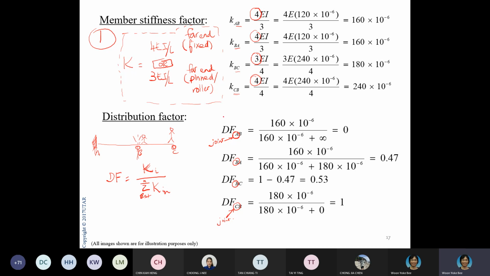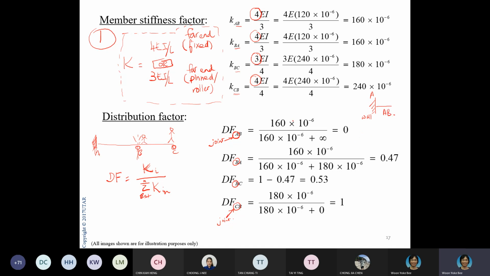So if I look at AB, remember that day I told you guys, if you're looking at joint A, in this case, joint A is like that. So when I'm looking at joint A, the two so-called members would be one is a wall, and the other one is your beam AB.